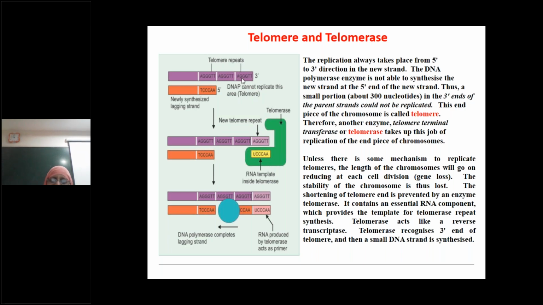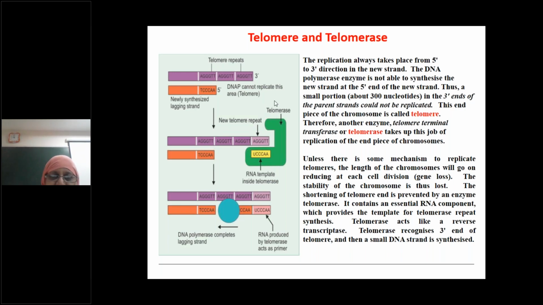Our body has a mechanism to take care of this problem. Another enzyme, the telomere terminal transferase or telomerase enzyme, takes up the job of replicating this end of the chromosome. Unless there is some mechanism to replicate telomeres, the length of the chromosomes will keep reducing at each cell division.